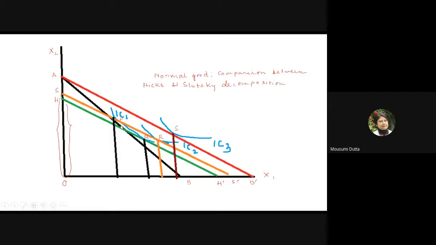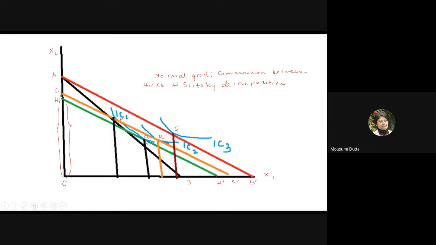Now the movement from P to Q is only because of change in relative price of X1, because HH prime is flatter than AB, the original black one. So the movement from P to Q is only because of reduction in relative price of X1.